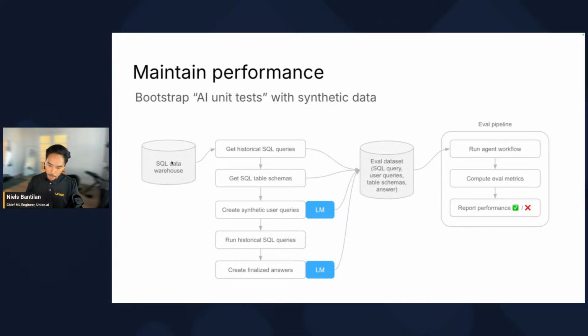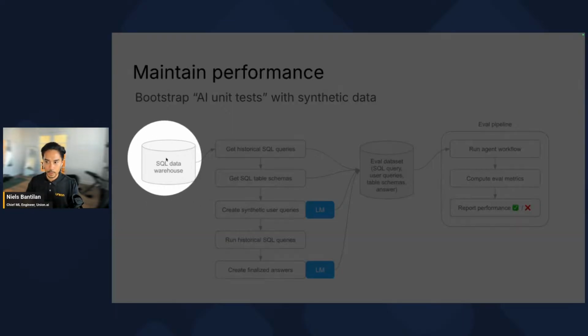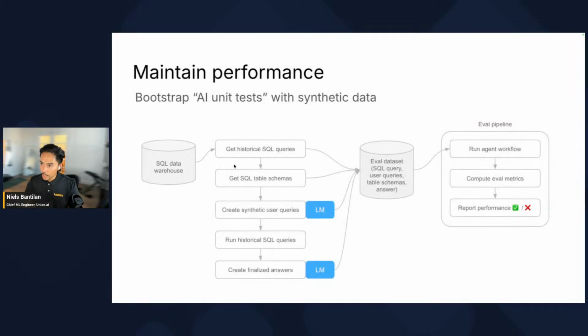So on the left-hand side, you have a SQL data warehouse where all your data is hosted. And you might build a pipeline that looks something like this, where you first get your historical SQL queries. You'll also get the SQL table schemas.